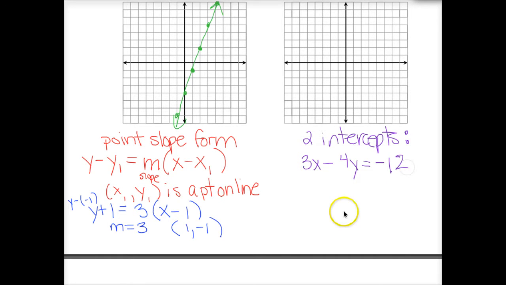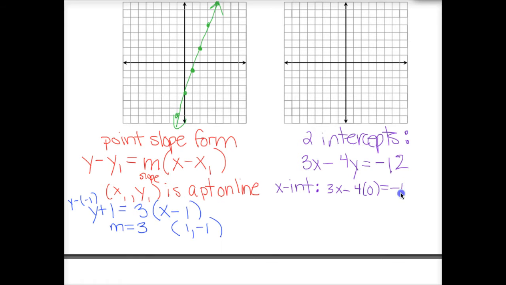Let's say negative 12. Not that it always has to come out evenly, it doesn't, but that one would have been really messy. So when we are finding the intercepts, what I want to do is remember to plug in 0 for the opposite letter. So if I am finding an x-intercept, I plug 0 in where y was.